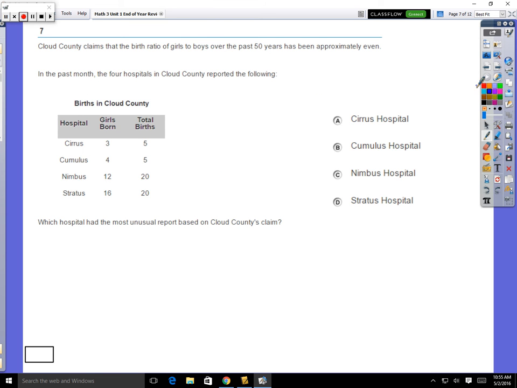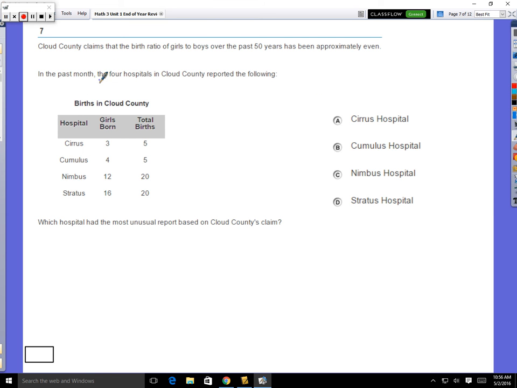Okay, 7 is the same as the dice one. Which data is jacked up? If you go 3 out of 5, 60% of the births are girls. 4 out of 5, that's 80%. 12 out of 20, that's 60%. And 16 out of 20 is 80%.